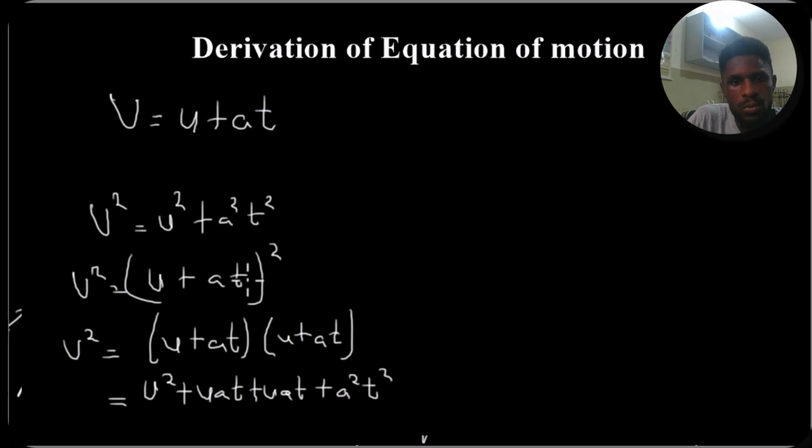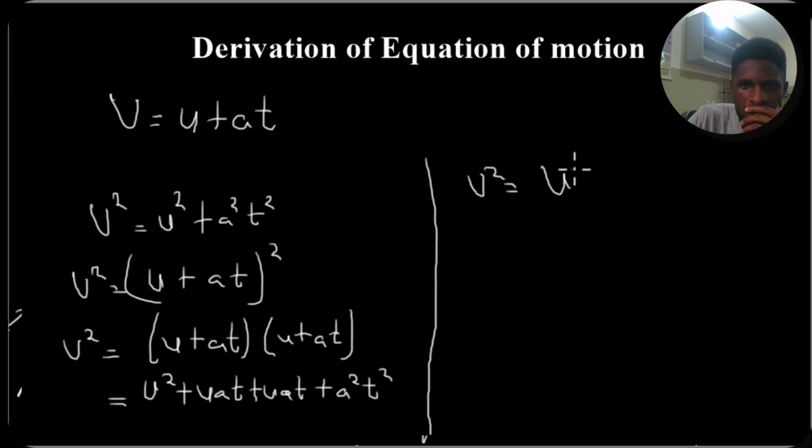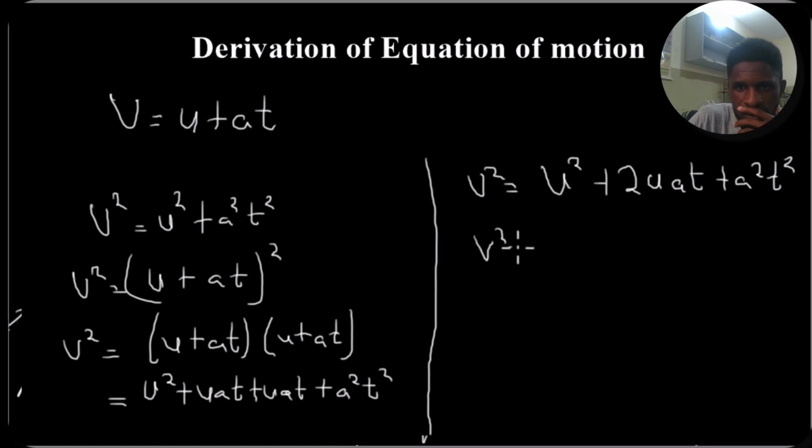Then we have v squared is equal to u squared plus 2uat plus a squared t squared. Sorry, there's a u here, I made a mistake. So I want to factorize these two expressions and see what I can denote from that.